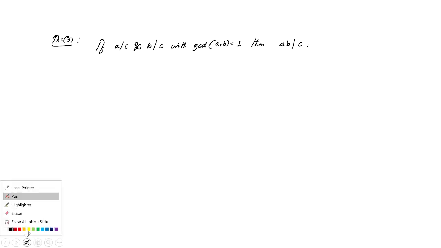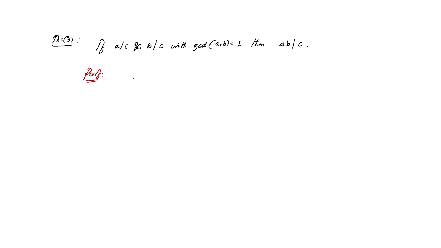Now we come to the next important theorem, theorem number 3. What does theorem 3 say? If A divides C and B divides C, with GCD of A, B equals 1, then we can say AB divides C. How to prove this theorem?